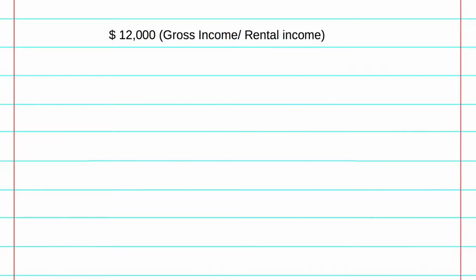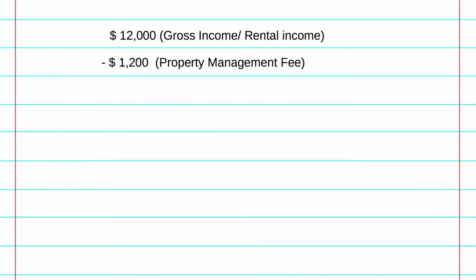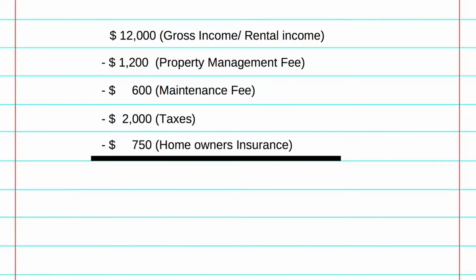Here's an example. If we have $12,000 of rental income, and then we have to get all of our expenses. So $1,200 for property management fee, $600 maintenance fee, $2,000 taxes, $750 of homeowners insurance, and this is all yearly expenses and yearly income.